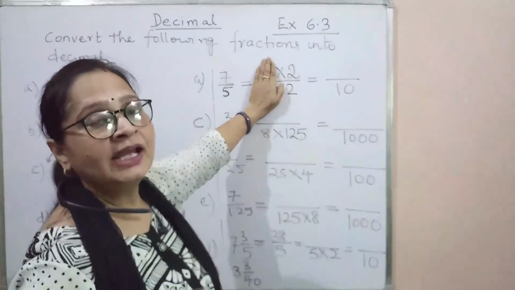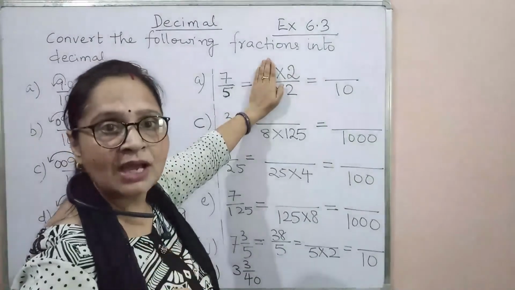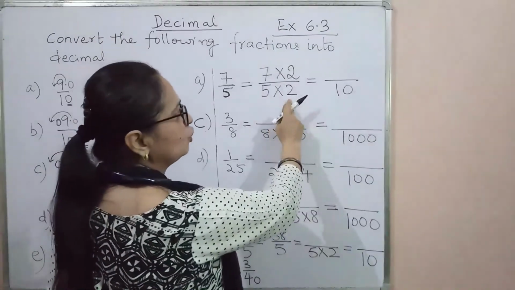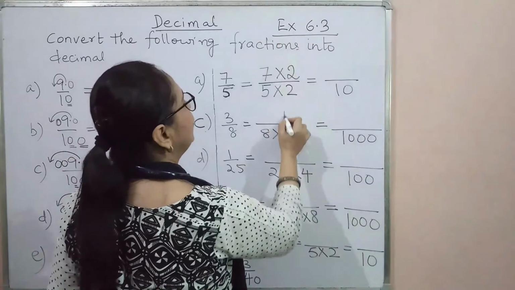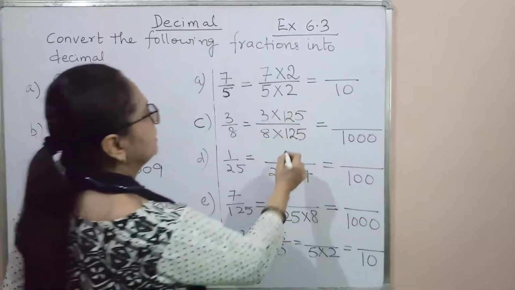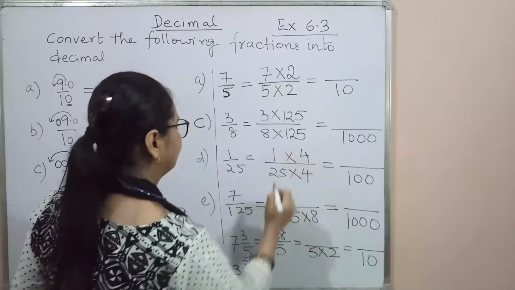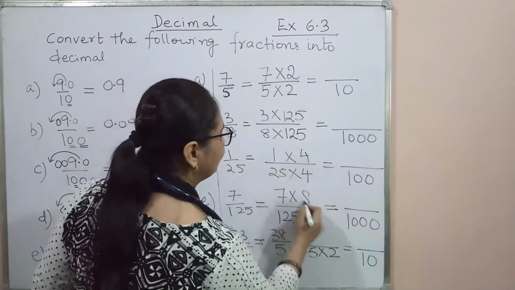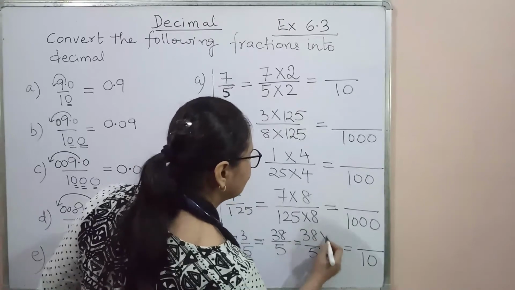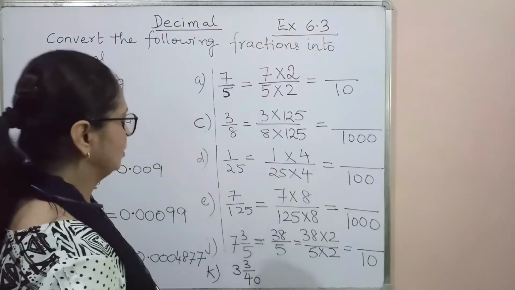It is 1. If you multiply any number by 1, it is not changing the value. So if we are multiplying by 2 here, 2 should be multiplied here also. That means the same thing goes here, the same thing goes here. Here also we will have to multiply it by 8. Here also we will have to multiply by 2, right?